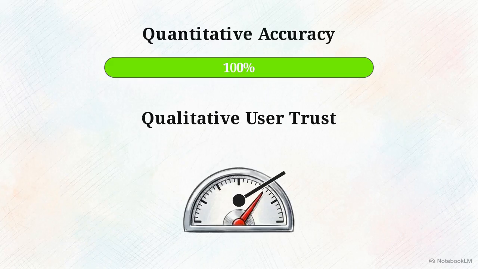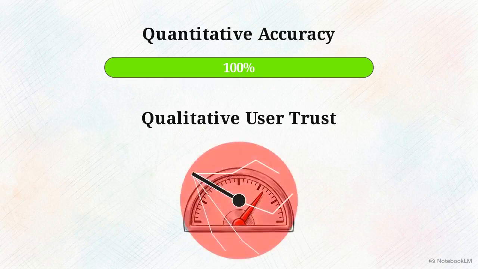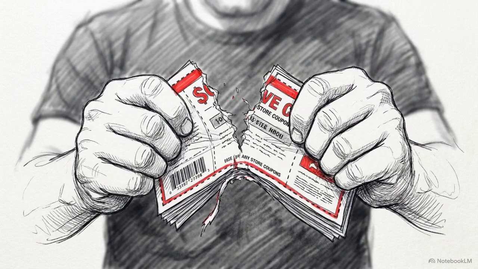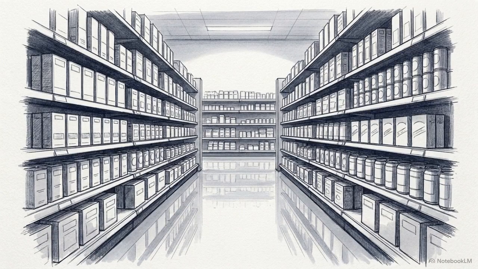Target mailed pregnancy-related coupons to a teenage girl, revealing her medical condition to her family before she had shared the news herself. Even a high-functioning model loses its business value if its implementation undermines the very trust it was built to monetize. Technical precision cannot compensate for the erosion of a user base.